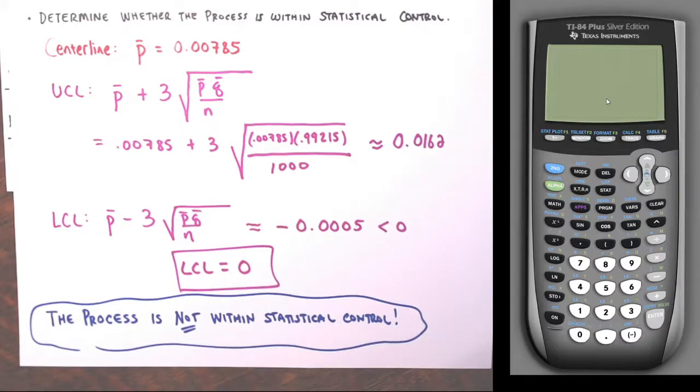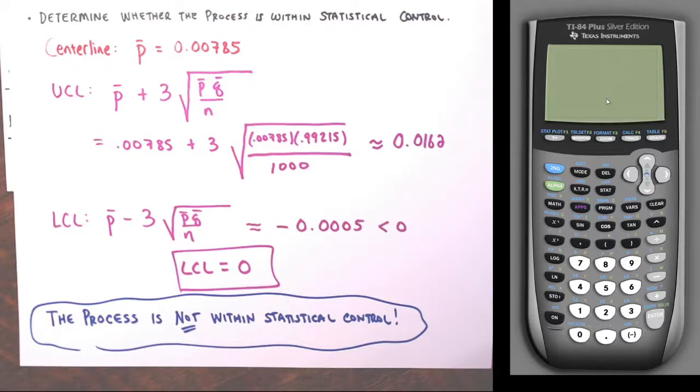But there's got to be something I can do to fix the fact that this process is out of control. I need more stability. I need fewer days like day 11. I need more days with fewer defects.